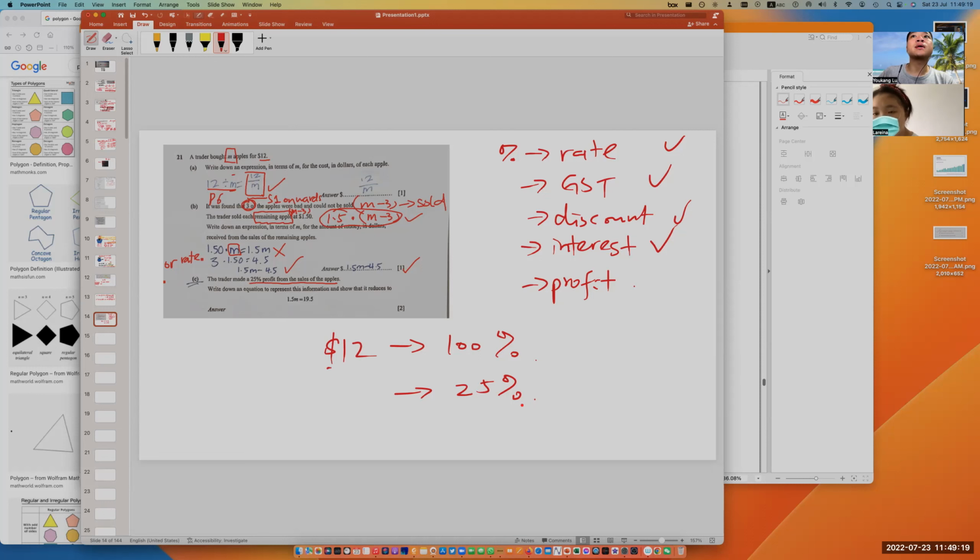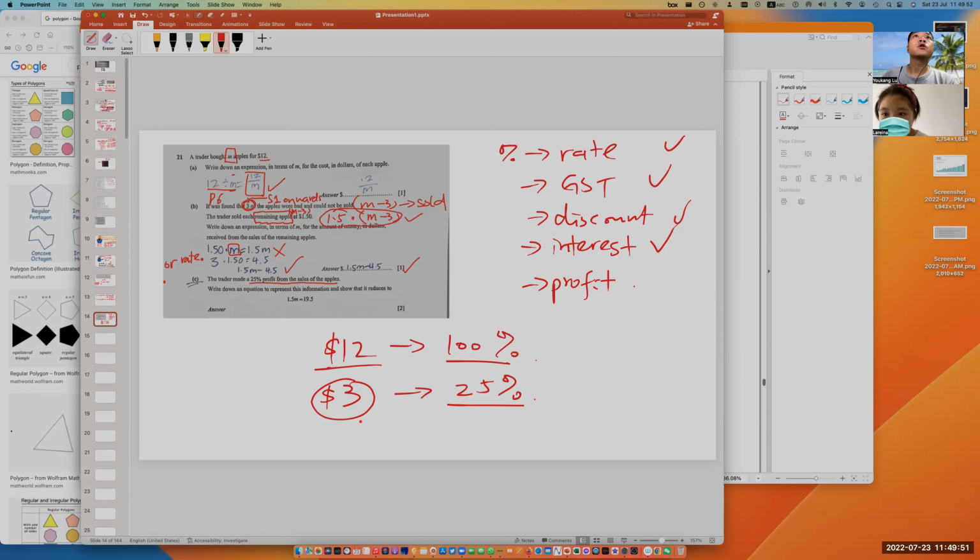So 100% is $12, so 25% is how much? 12 times 25%, which is 3. So it's $3. She makes $3 profit.